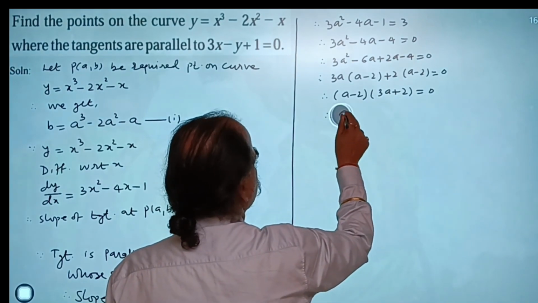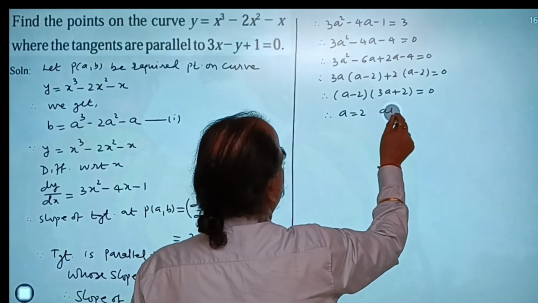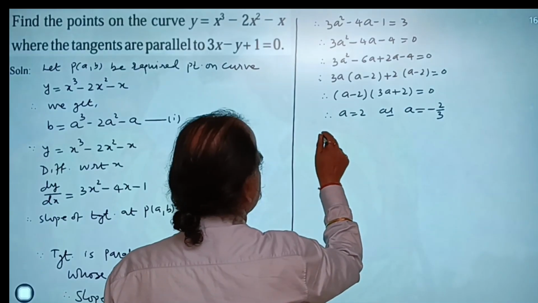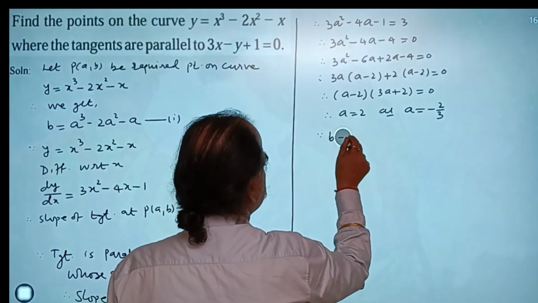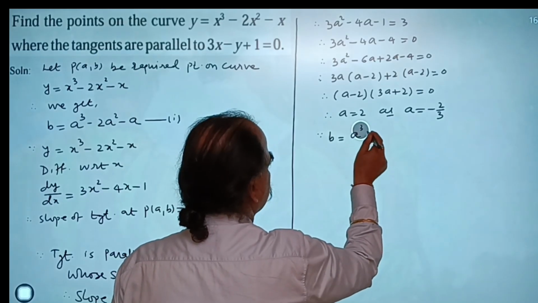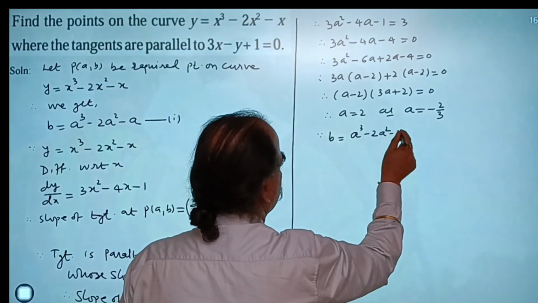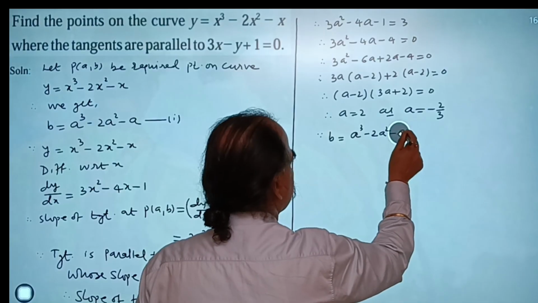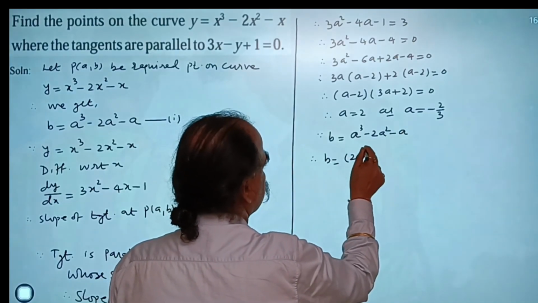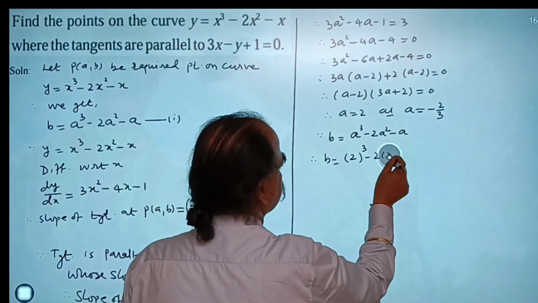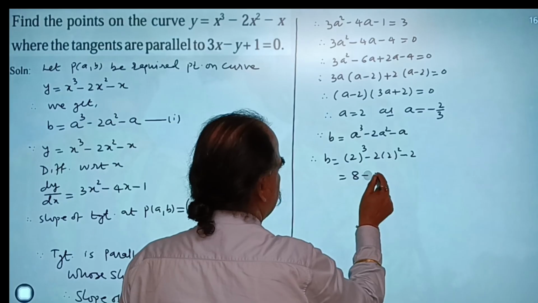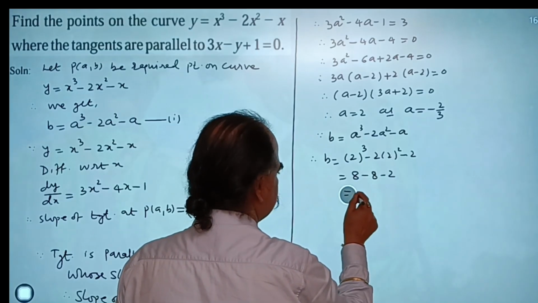So a is what? 2, or a is minus 2 by 3. Since b is a cube minus 2a square minus a, therefore b will be 2 cube minus 2 into 2 square minus 2, 8 minus 8 minus 2 will give you minus 2.